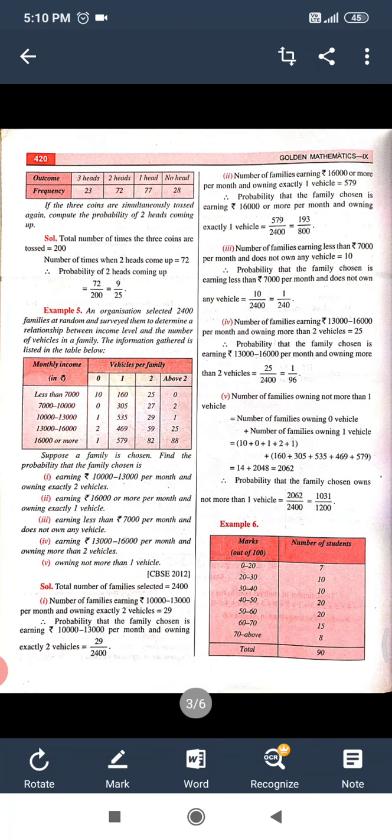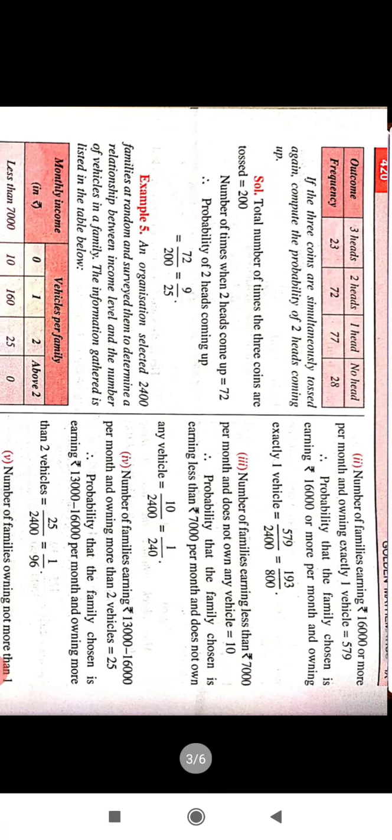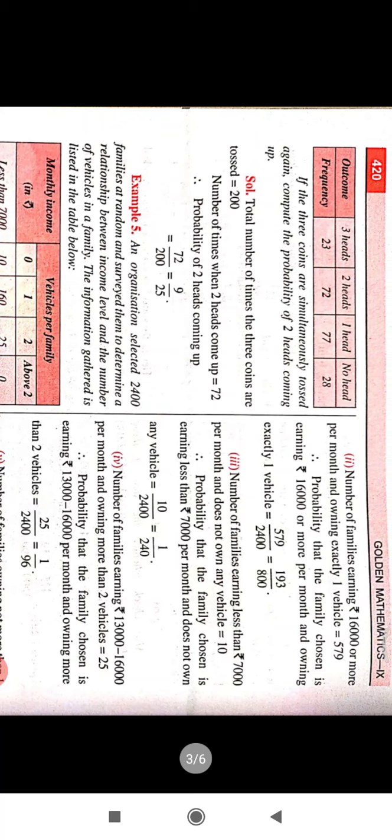Okay, now see, in the table the outcomes and frequencies are given. 3 heads comes 23 times, 2 heads comes 72 times, 1 head comes 77 times, and no head comes 28 times.